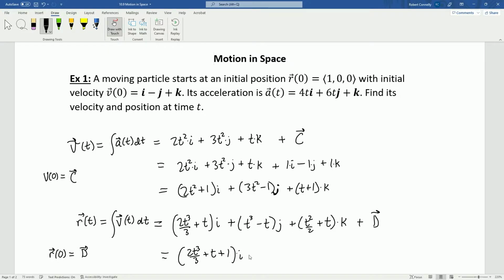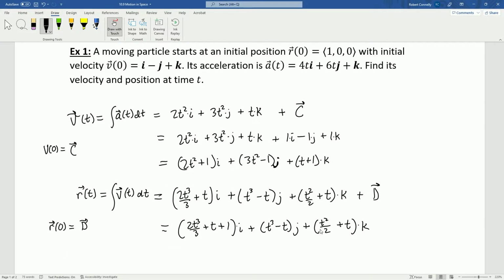And then we're adding 0 to these other two vector components, so they're not going to change. And that's it. That gives us our position function for time t.